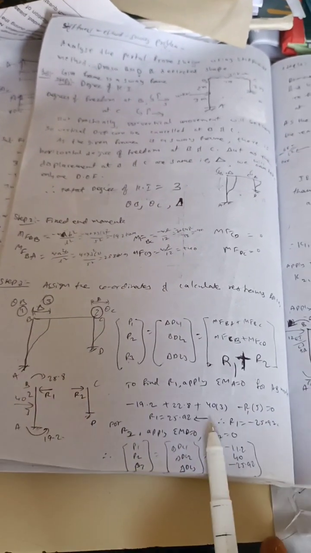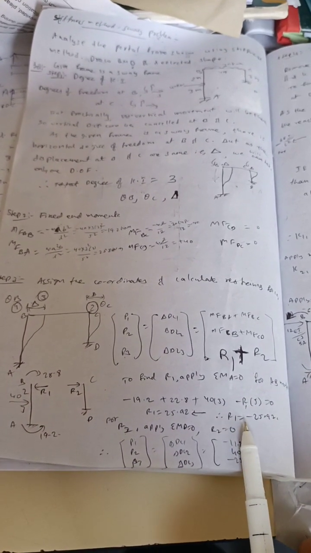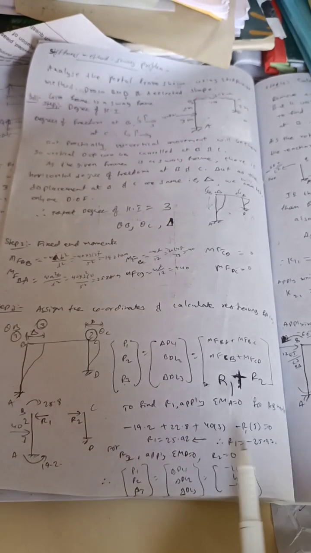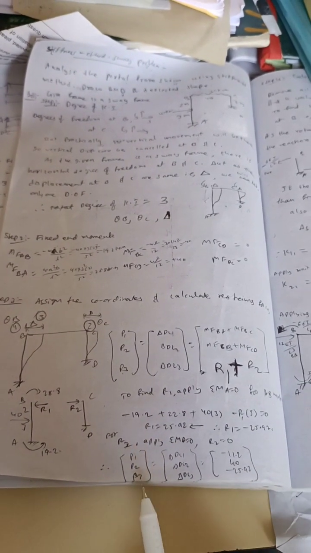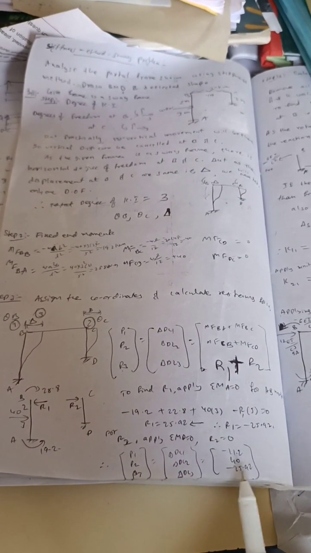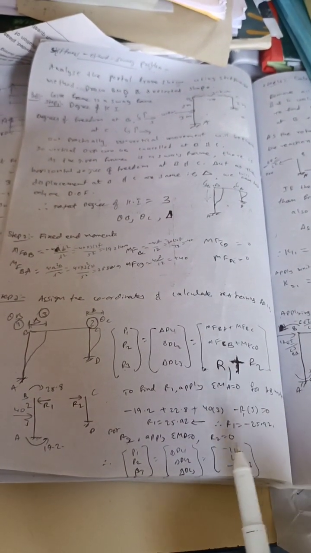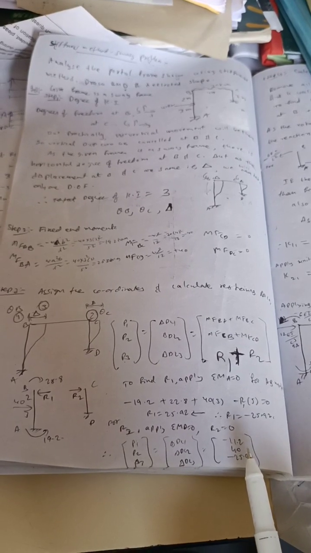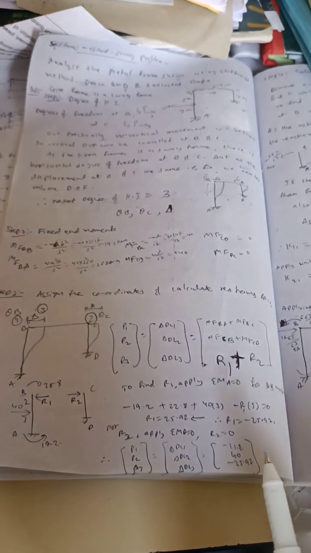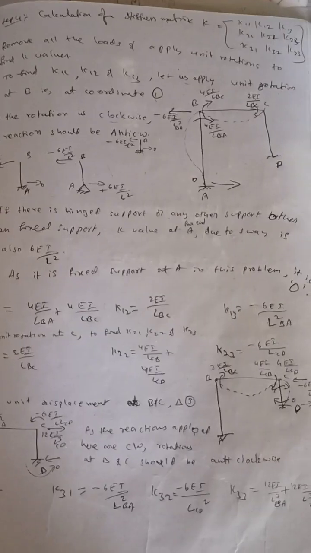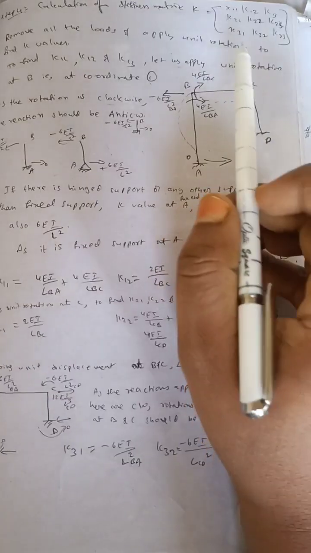We have assumed left side, so the sign convention is negative, so minus 25.92. Therefore R1 plus R2 is this. So P1, P2, P3 are MFBA plus MFBC, MFCB plus MFCD, and R1 plus R2. Next, we will calculate the stiffness matrix K.